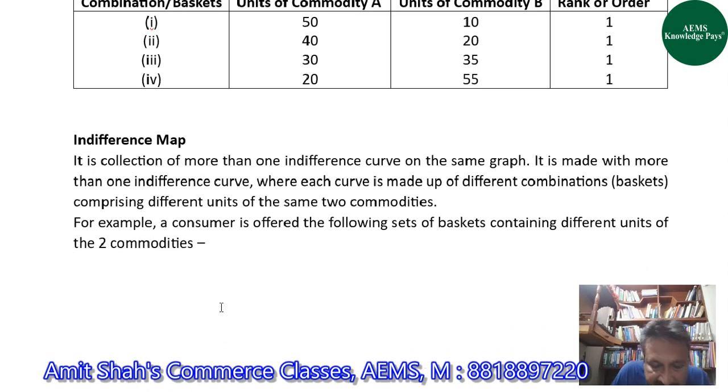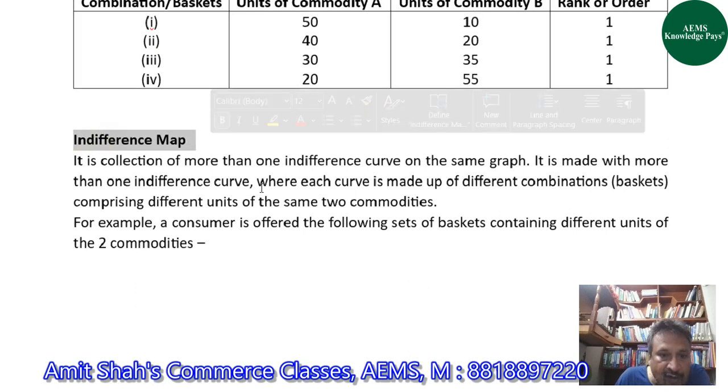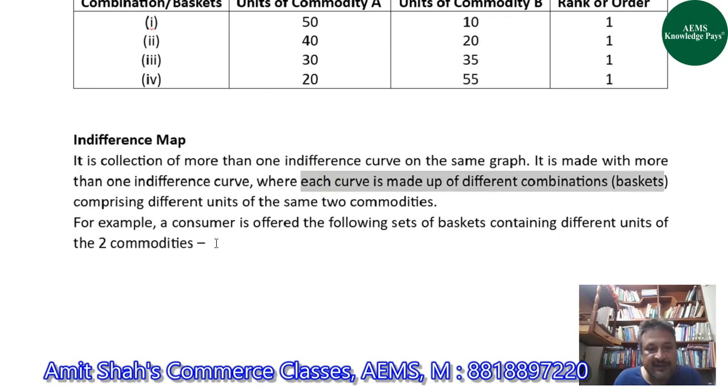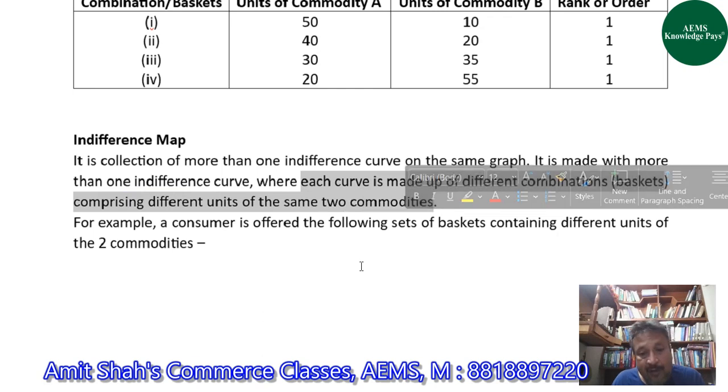Do not write anything, guys, just understand this. What I explained is that indifference map is collection of more than one indifference curve. It means indifference map is made up with more than one indifference curve where each curve is made up of different combinations, that is different baskets, where each basket comprises different units of the same two commodities.